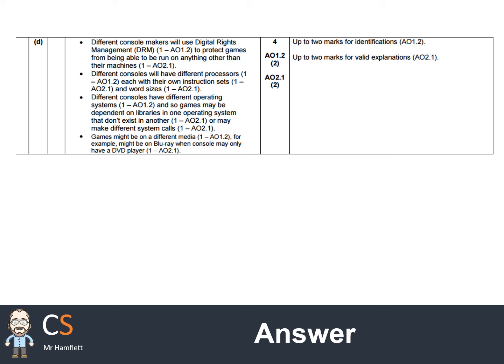It depends. Different consoles will have different operating systems, and so games may be dependent on libraries in one operating system that don't exist in another, or make different system calls. The operating systems are responsible for getting things on the screen, for doing notifications, for saving things in the cloud, all those common features you find inside a modern games console.